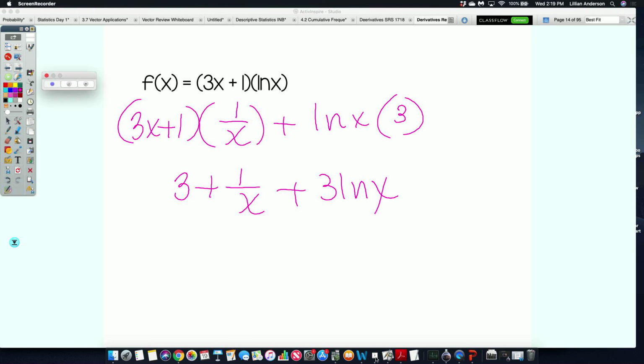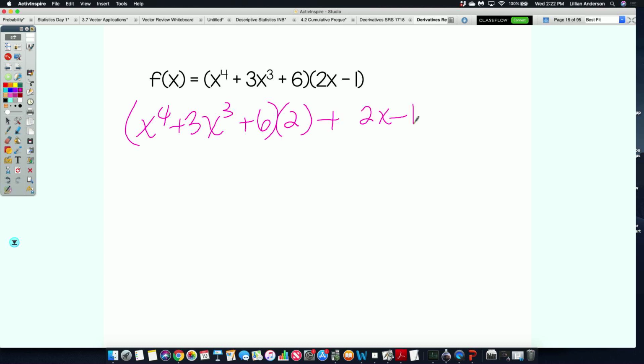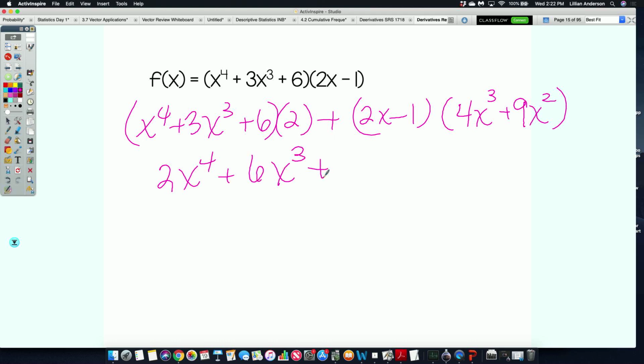Yes? Okay. Do this one on your own. First times the derivative of the second, which was 2, plus the second times the derivative of the first, which was 4x to the third, plus 9x to the second. So you should have 2x to the 4, plus 6x to the third, plus 12.